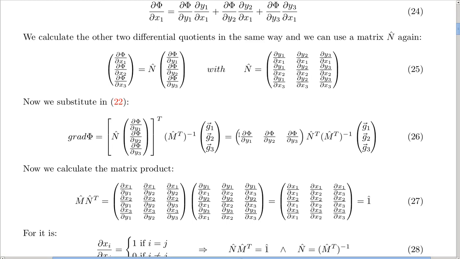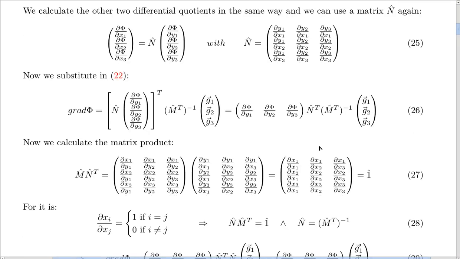Okay. If we transpose this now, then we have the row vector instead of the column vector, and that should be clear from linear algebra. If we transpose this, then the matrix is written at the right side like this.